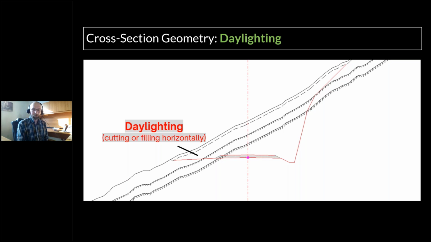Now, often, if you're close horizontally to that topo surface, it may make sense to cut out instead of up. Now, there's benefits to this from a safety perspective. It may be that you're removing visual barriers.